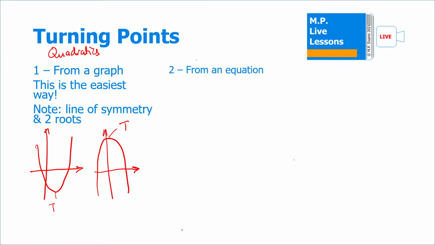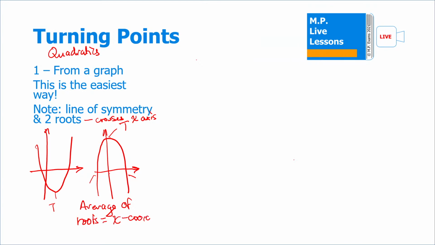And you've also got the line of symmetry and two roots. So the two roots are where it intersects the x-axis. Here and here. If you take the average of roots, this gets us the x-coordinate of the turning point.